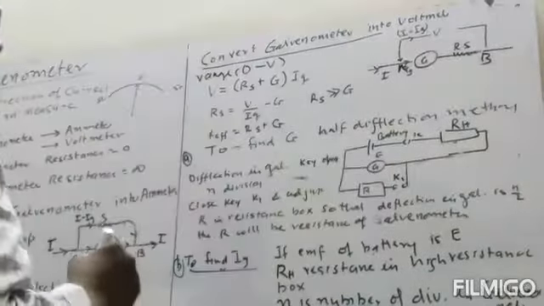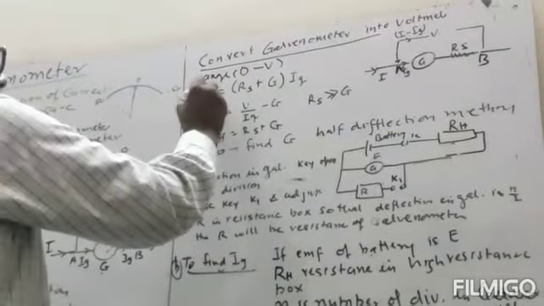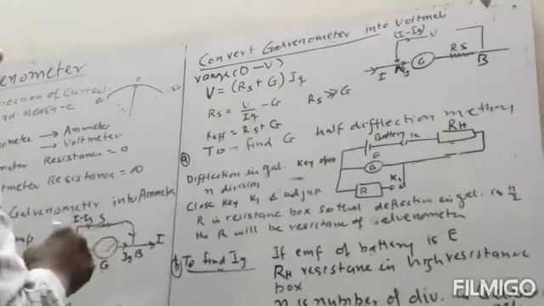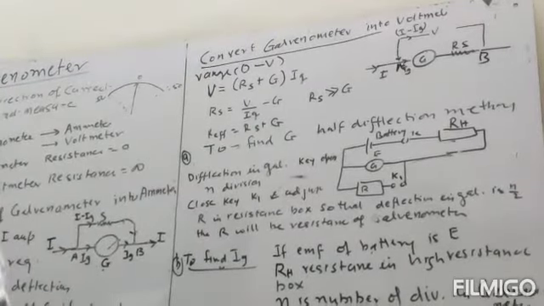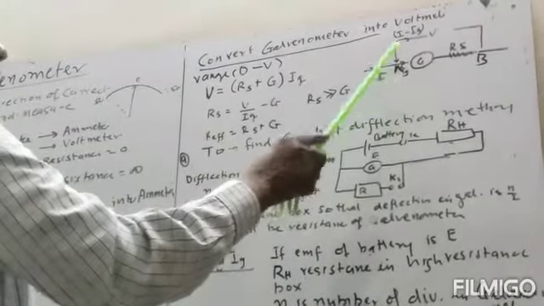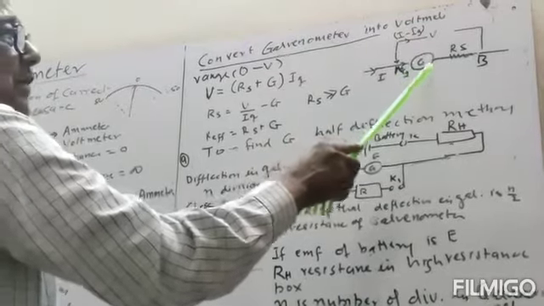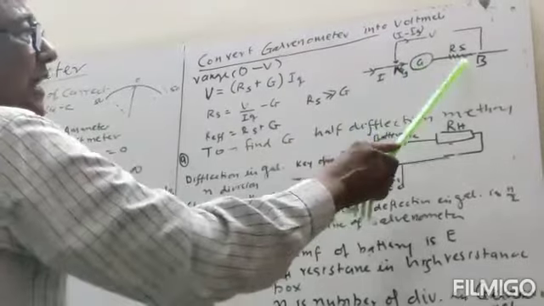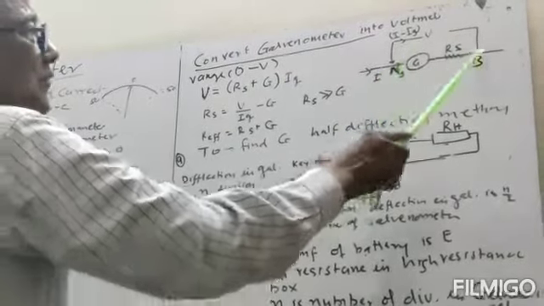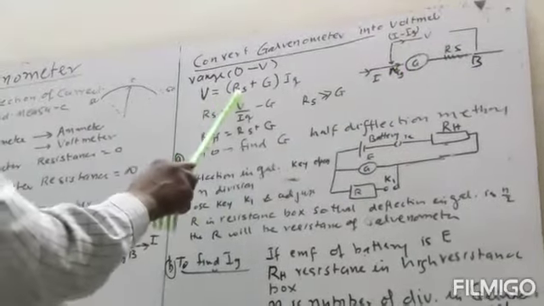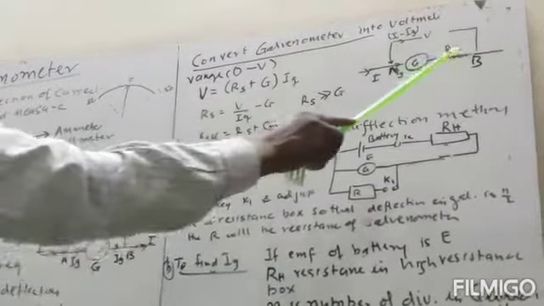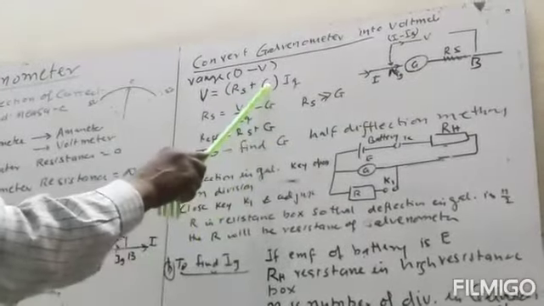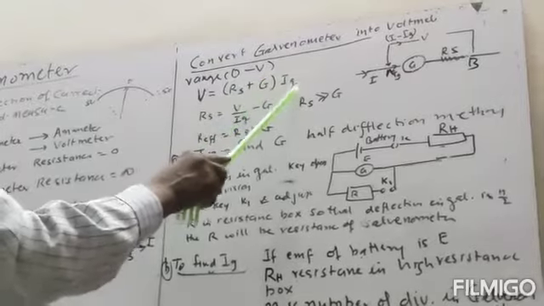is V. So V will be equal to the potential difference, V will be equal to Ig multiplied by (G + Rs). So the total resistance is G plus Rs, multiplied by Ig, this will be the volt. So V will be equal to Rs, the series resistance, plus G, the resistance of galvanometer, times Ig.